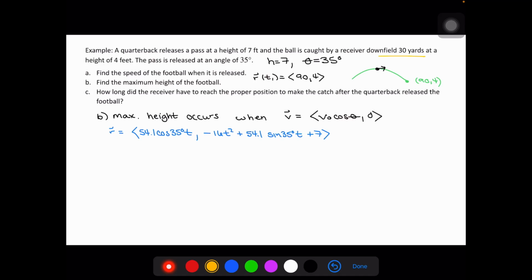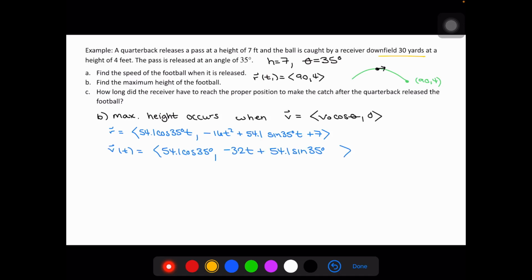So if our position function, and I know the v naught now, the 54.1, so I just plug that in. Our position function is now the vector 54.1 cosine 35 t, and then minus 16t squared plus 54.1 sine of 35 t plus 7. So there's our position function. I'm going to take the derivative of that, and that gives me my velocity function.